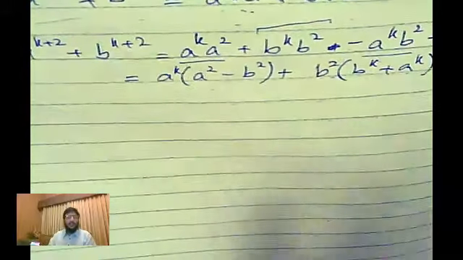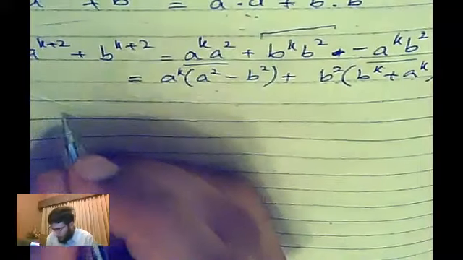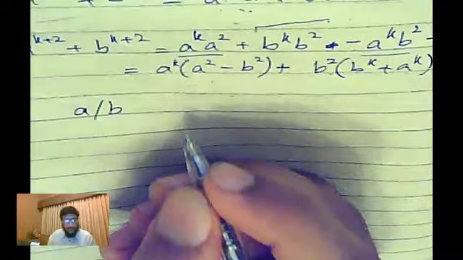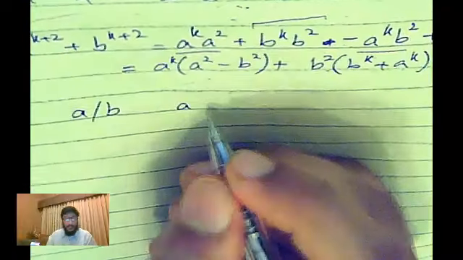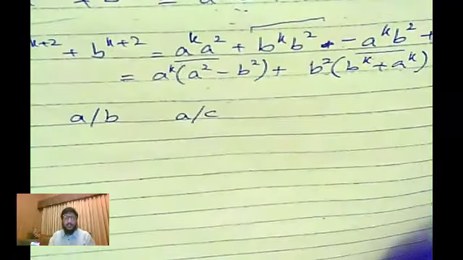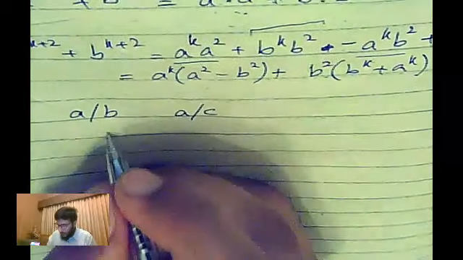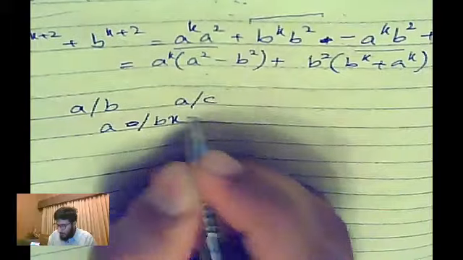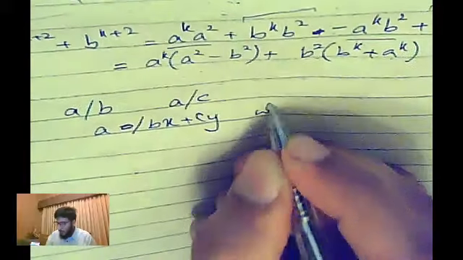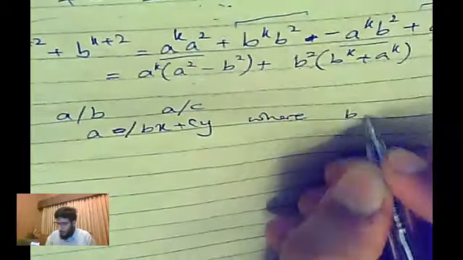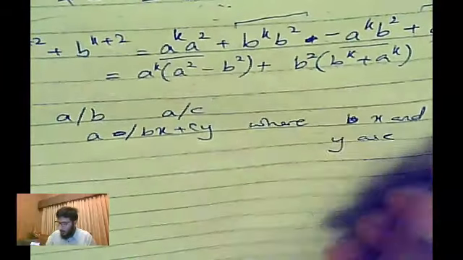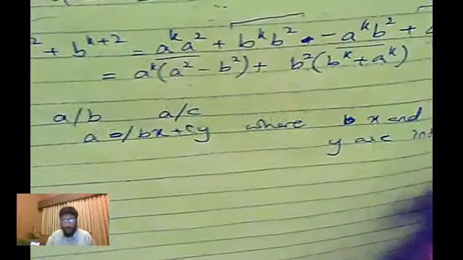Now we are going to use another theorem to prove this. That theorem says that if a is a number that divides b, and the same number divides another number c, then a divides bx plus cy, where x and y are integers.